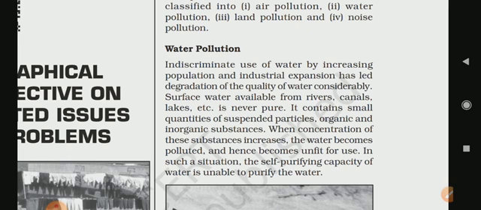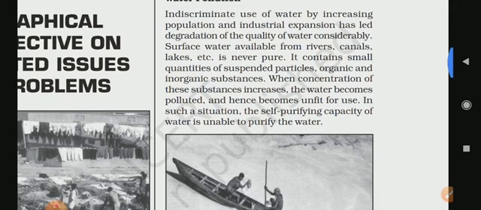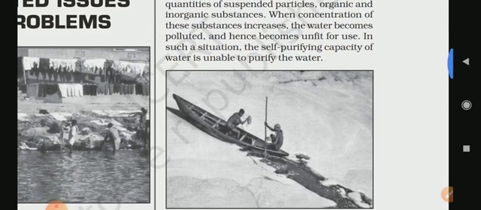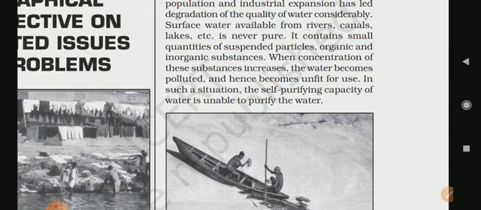Water pollution. Now there are two sources by which water can be polluted: one is natural and another one is human-made pollution, right? Human-made pollution बहुत अलग अलग तरीके से होते हैं.